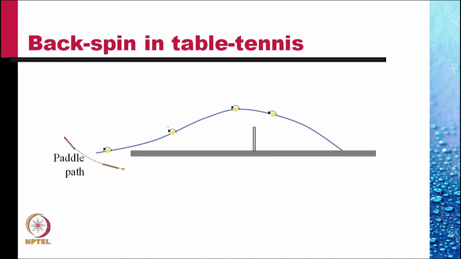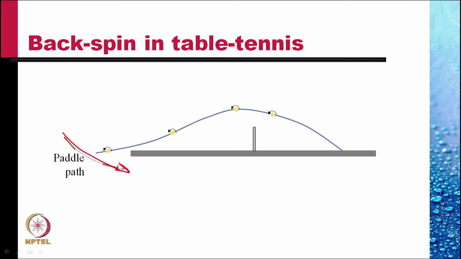Let's look at a table tennis table. A ball is hit by a paddle moving along this arc, and as it hits, the ball is given a rotation in the counterclockwise sense.